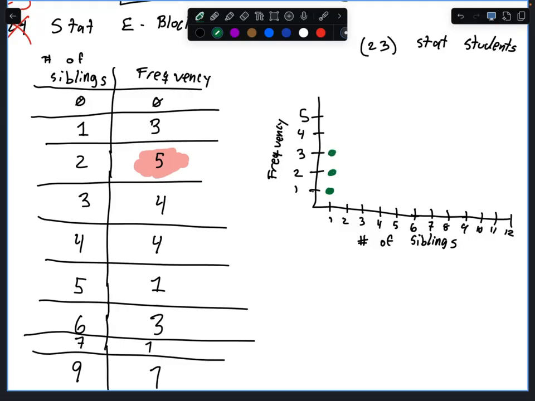For 5, I'm going to do? Yep, so 1, 2, 3, 4, and 5. For 3, 1, 2, 3, and 4. For 4, 1, 2, 3, 4.